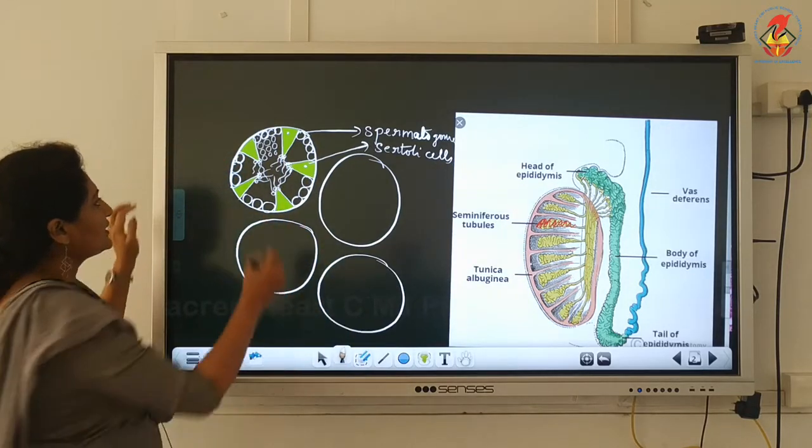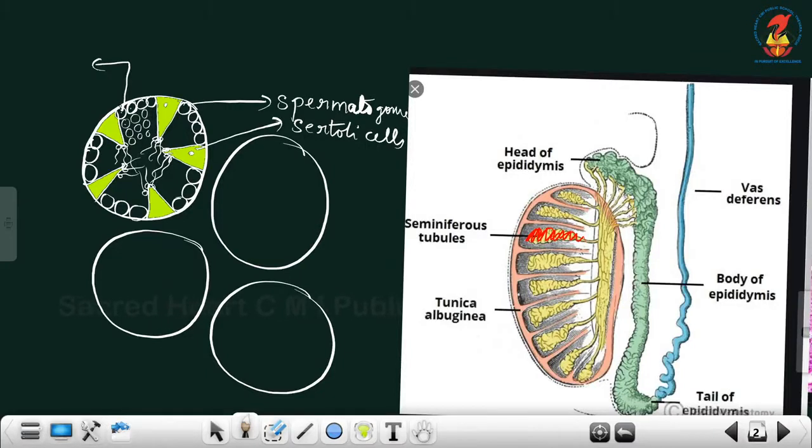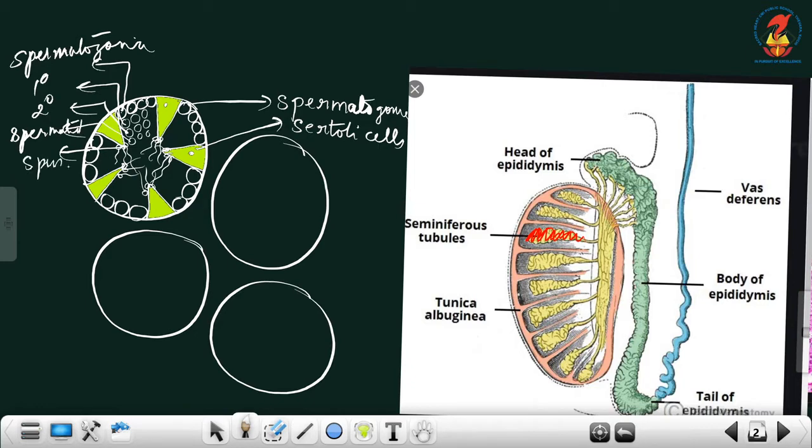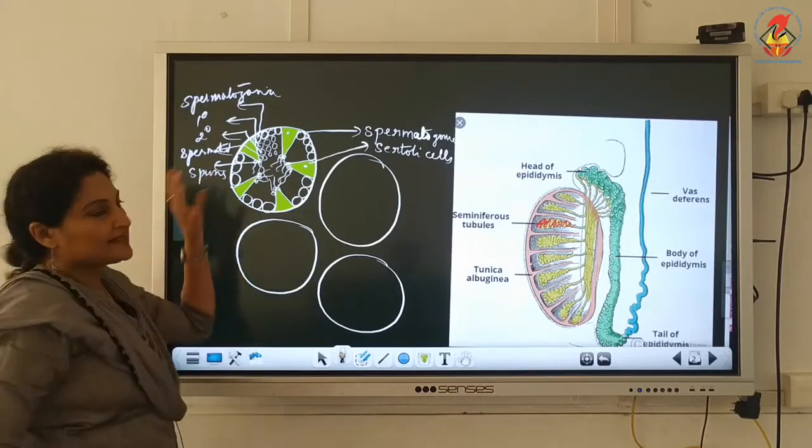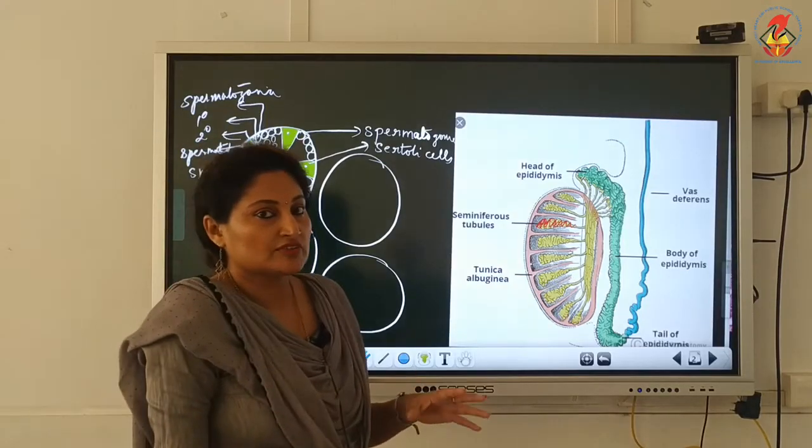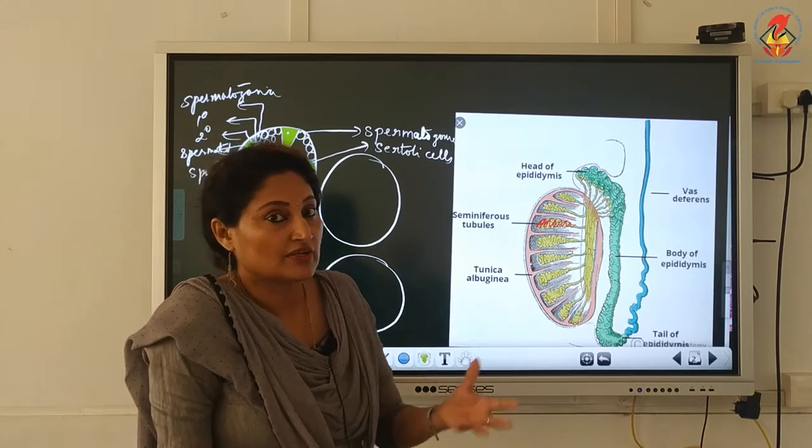So if this is the spermatogonia, this is the primary spermatocyte, this is the secondary spermatocyte, this is the spermatid, and we have the sperms. And remember, the sperms have their head embedded in the Sertoli cells. So the function of the Sertoli cells is to give nourishment to the developing sperms.